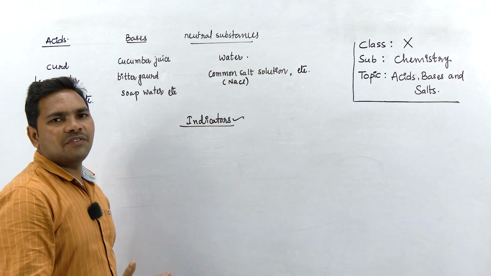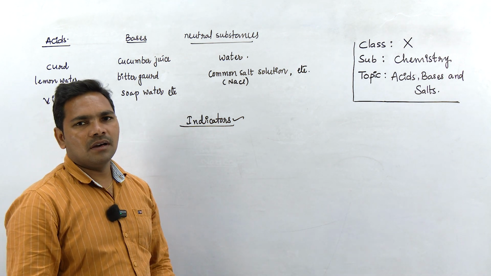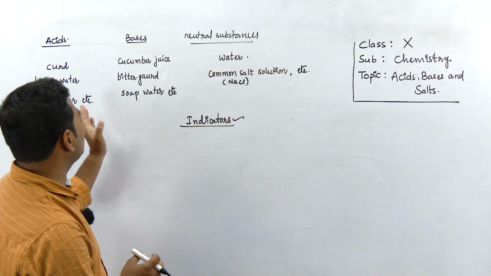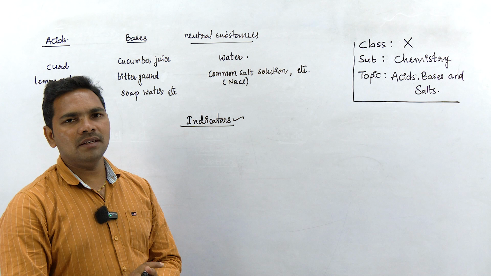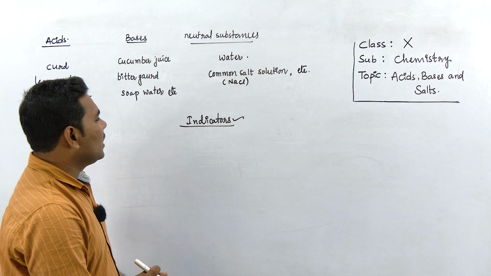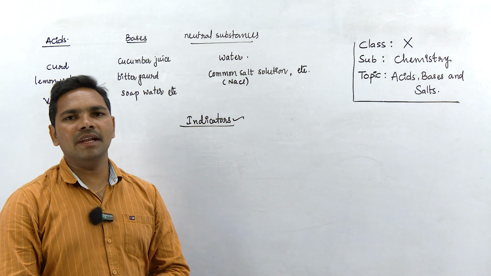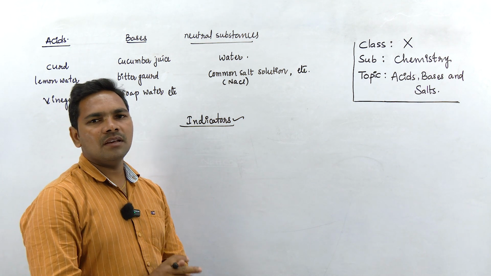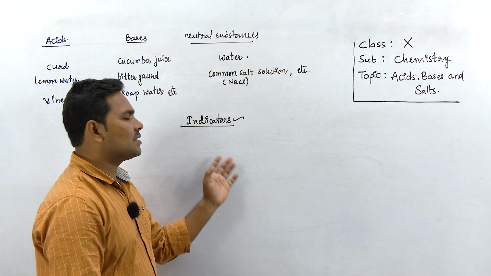These different types of indicators are used to classify the substances into acids, bases, and neutral substances. What the different types of indicators are and how they help us in identifying the nature of a substance, we will discuss now.